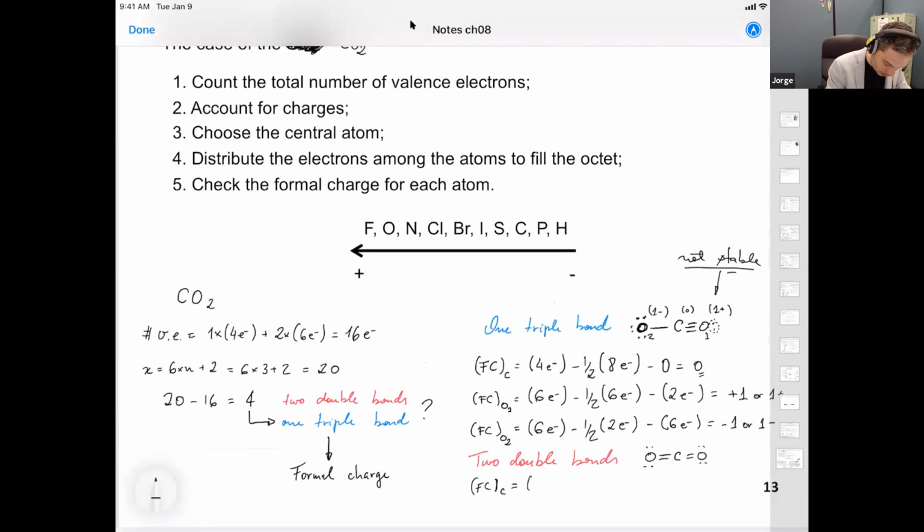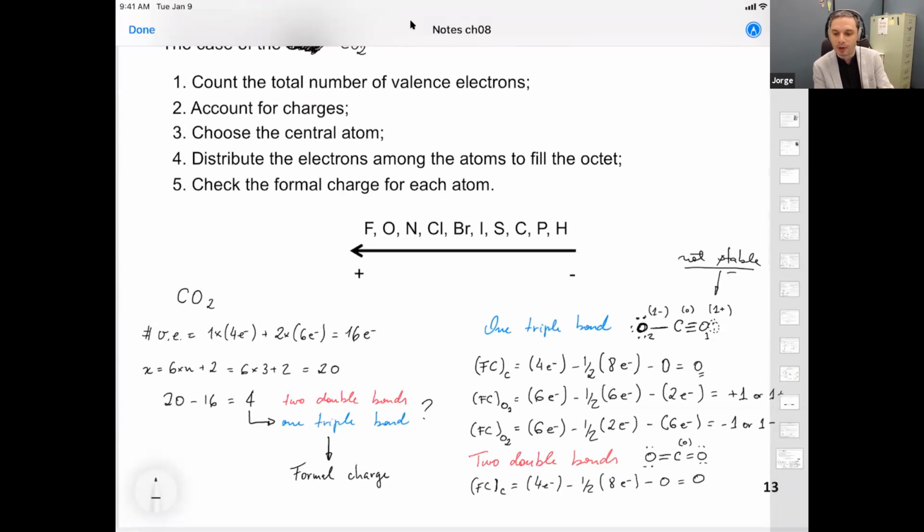So again, number of valence electrons minus half of the bonding electrons. Each trace counts as 2. We have 4 traces, therefore 8 electrons, minus non-bonding pairs, which is 0 for carbon. Therefore, for the atom of carbon, we have a formal charge, again, equals to 0. So carbon is still good.